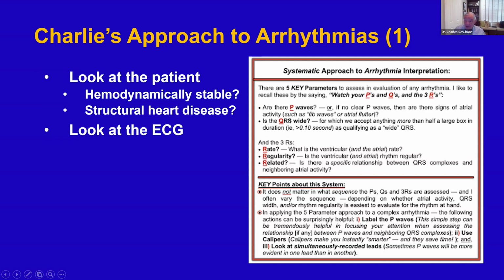Is the QRS wide or not? That would have importance in terms of your differential diagnosis. And the 3 R's are rate, regularity, is it regular or not regular, and are they related? Is there a specific relationship between P waves and QRS complexes, between atrial and ventricular activity?